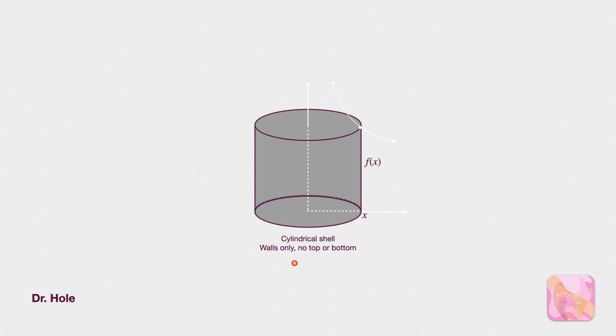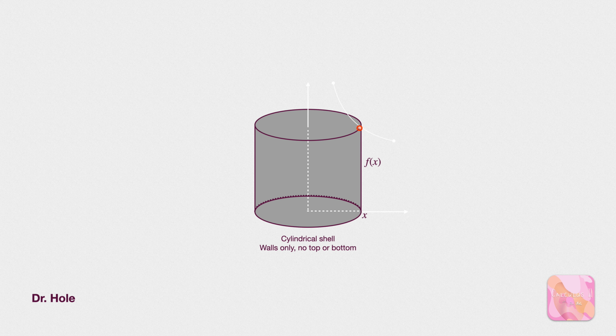So how can we produce this cylindrical shell if we're provided with the graph of a function? We can pick a point in the domain of the function, let that be a radius value, and then take f of x to be a height value.